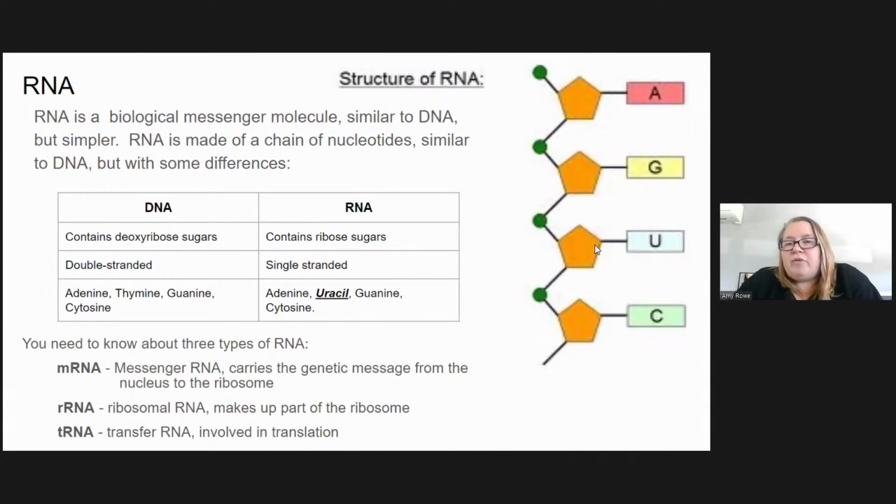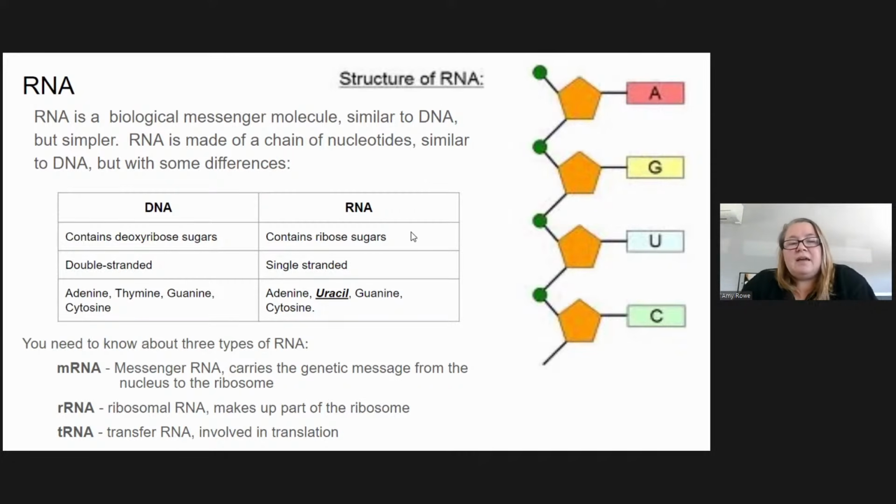A bit of a recap on RNA. It's similar to DNA in that it is a reasonably long biological messenger molecule, and it is made up of nucleotides. However, RNA is considerably simpler than DNA. For one thing, it is single-stranded. Where DNA is double-stranded and wound up into a double helix shape, RNA is just single-stranded.